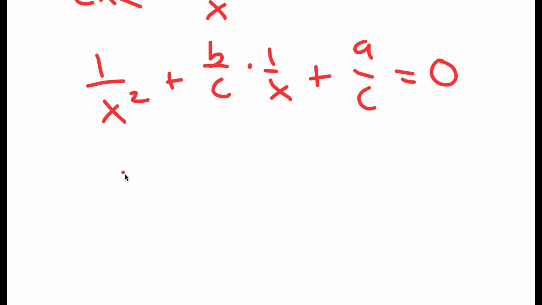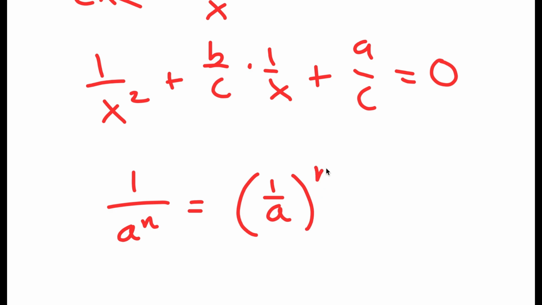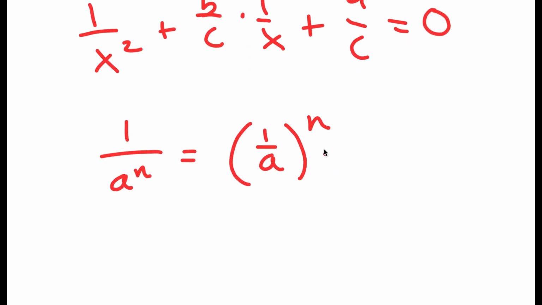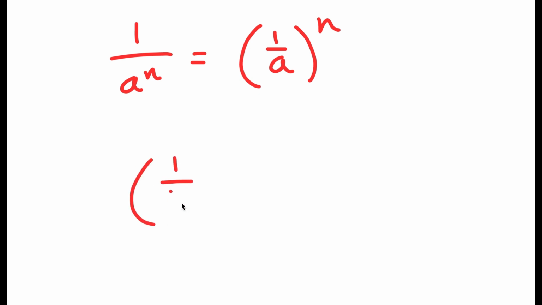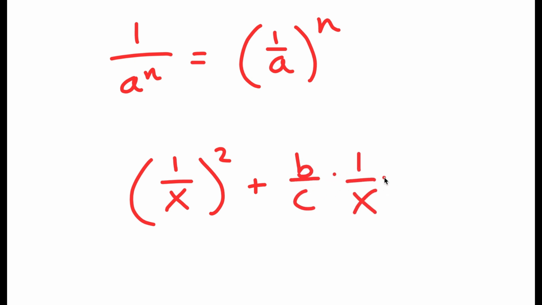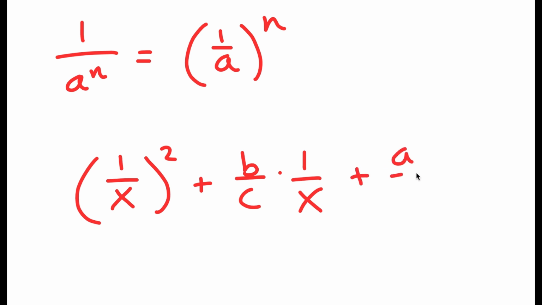Now, if I have something in the form 1 over a to the power of n, this is equal to 1 over a to the power of n. So now, I get 1 over x to the power of 2 plus b over c times 1 over x plus a over c is equal to 0.